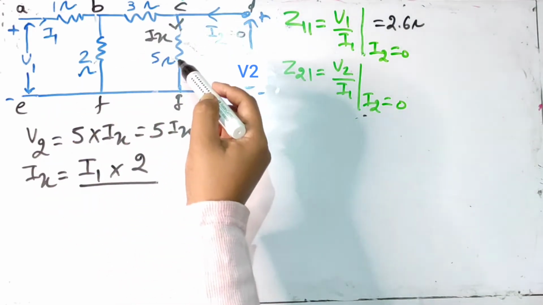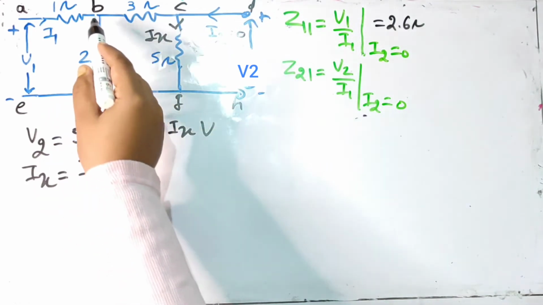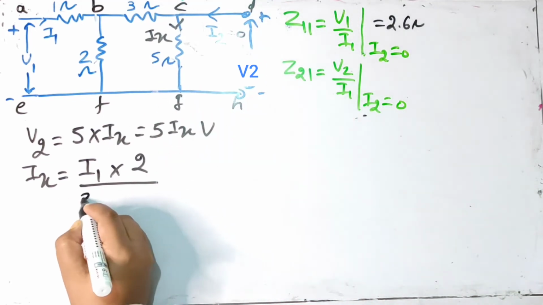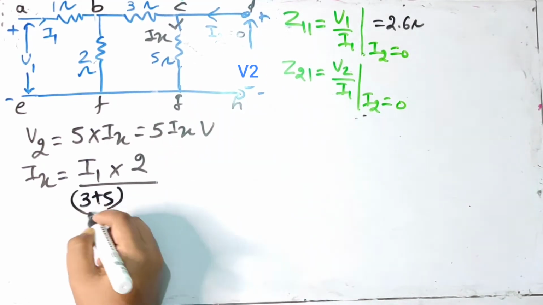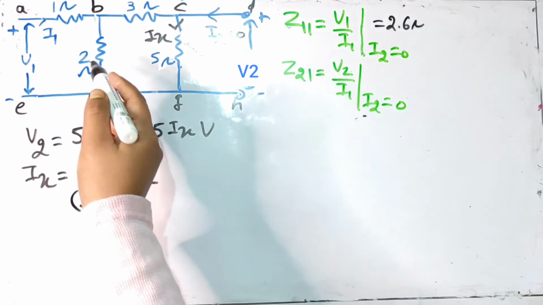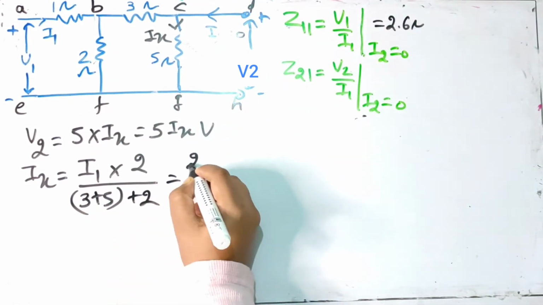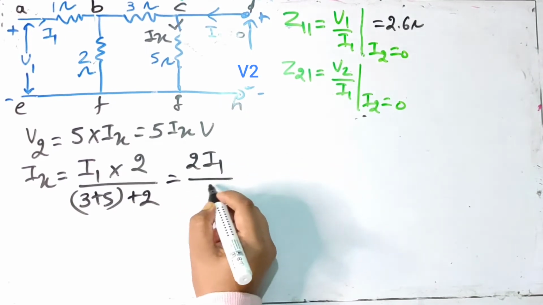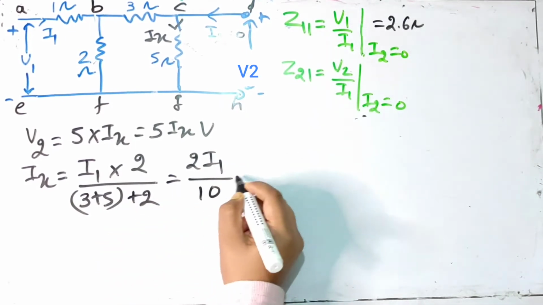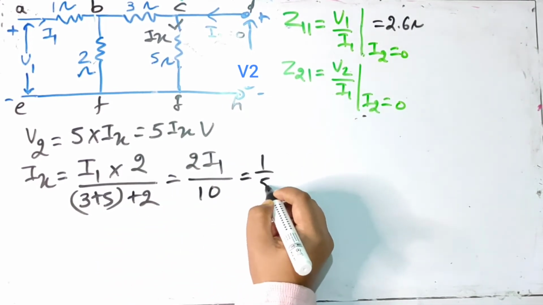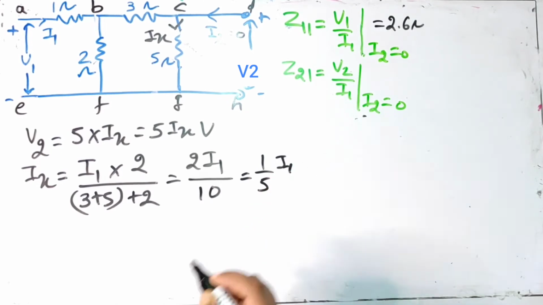So 3 ohm and 5 ohm come in series, so the resistance of BCG will be 3 plus 5, plus the resistance of the other branch, which is 2. I1 divided by 10, which turns out to be 1 by 5 I1. That is the value of Ix, in ampere.